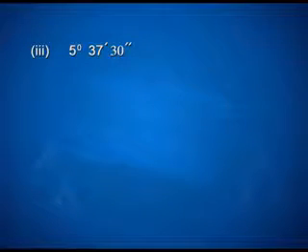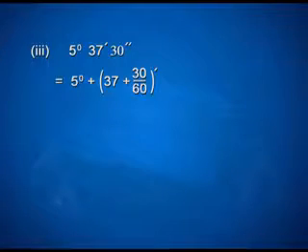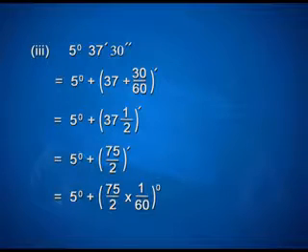Let us take one more example involving degrees, minutes and seconds. 5 degrees, 37 minutes and 30 seconds can be easily solved as 5 degrees plus 37 plus 30 upon 60 minutes, which on simplification will give 5 degrees plus 75 upon 2 into 1 upon 60 degrees.